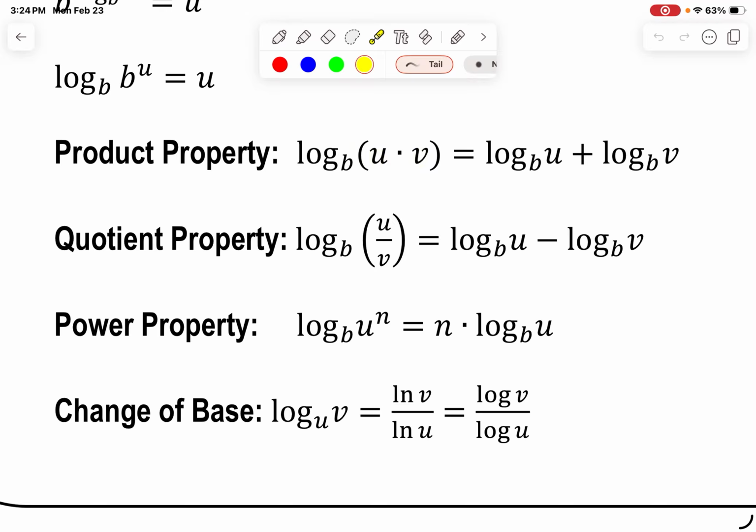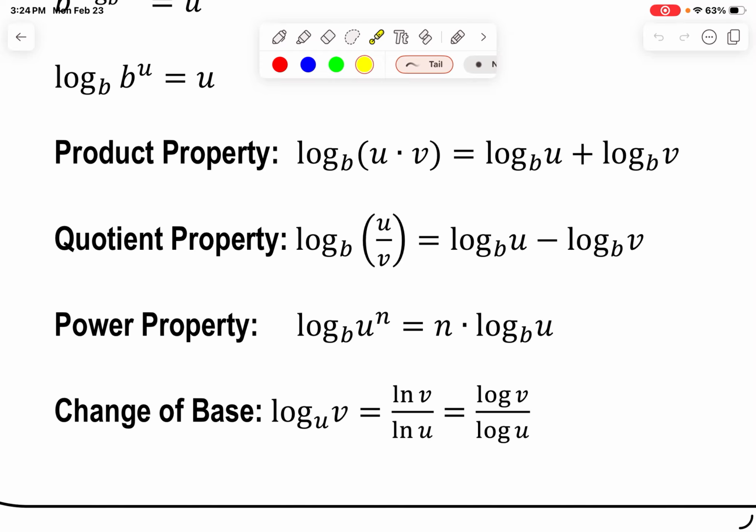Then you can break it up into 2 logs that you're adding. So log base b of u times v is equivalent to log base b of u plus log base b of v. It's called the product property because this is multiplication, and then you break it up into addition of 2 logs.